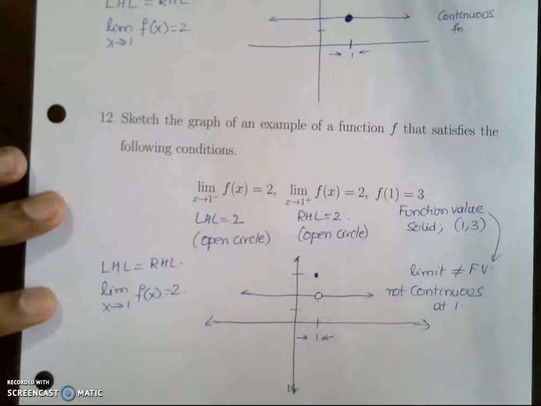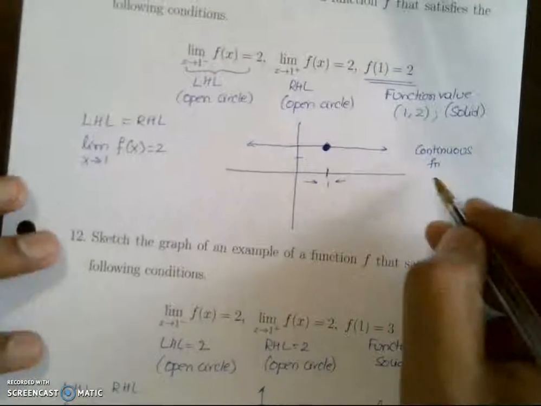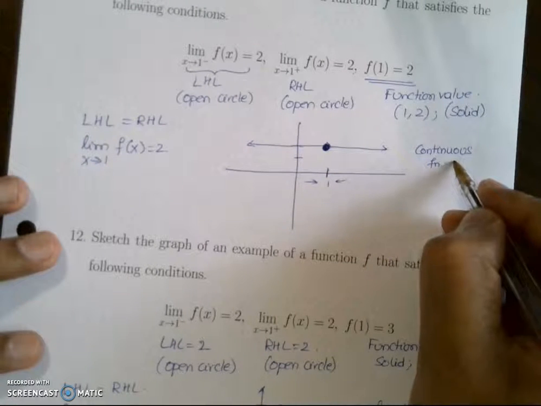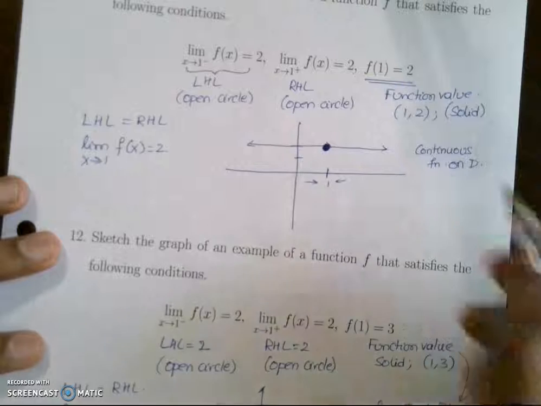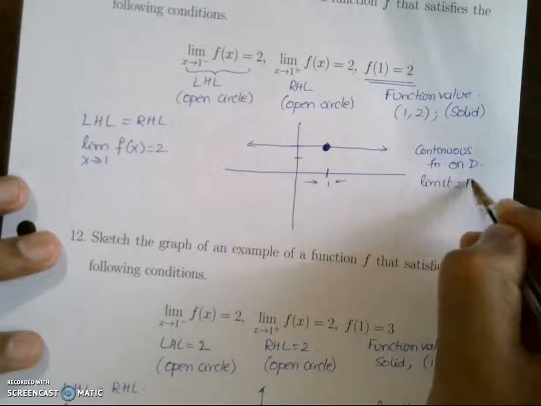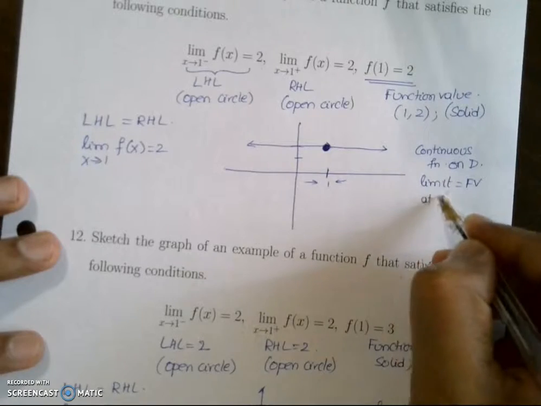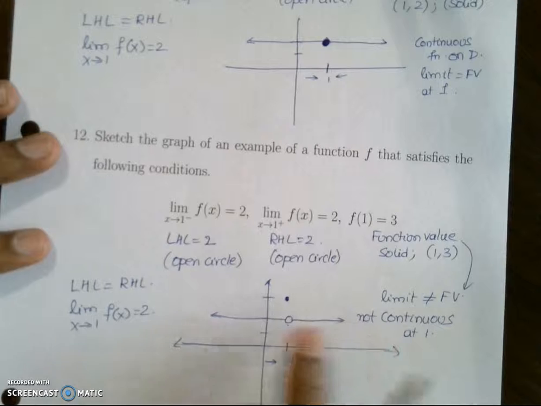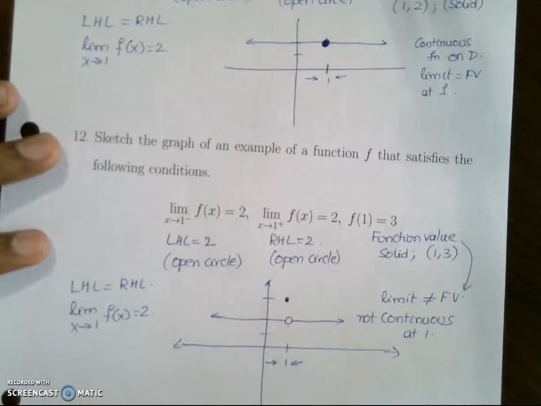The function is continuous at every other point, but it is not continuous at 1. Now here the function is a continuous function on the entire domain D, because the limit is equal to the function value at 1. So you have a continuous function. Here the limit is not equal to the function value, hence you have a discontinuous function.